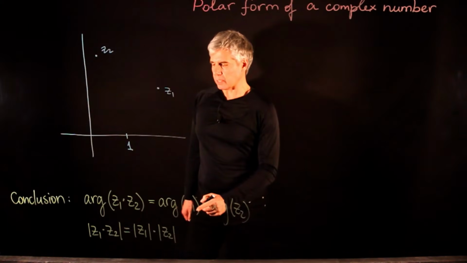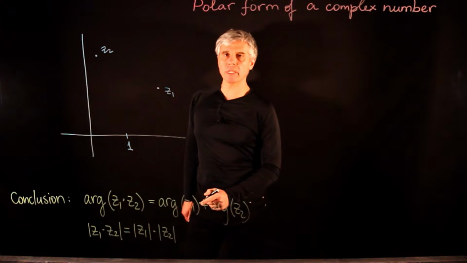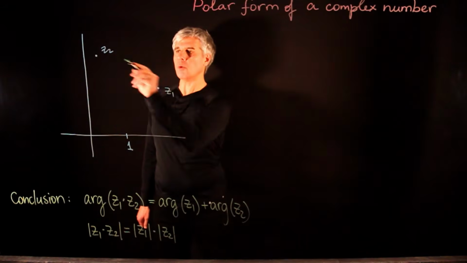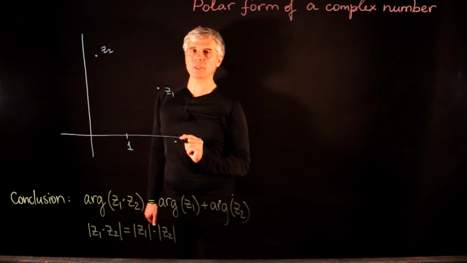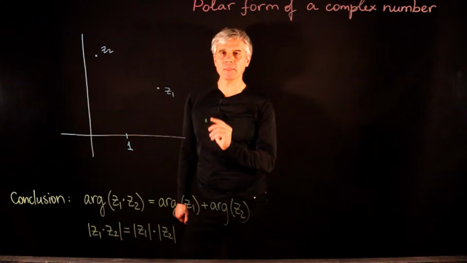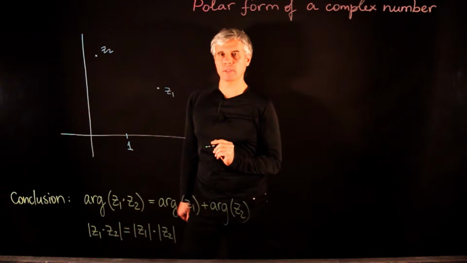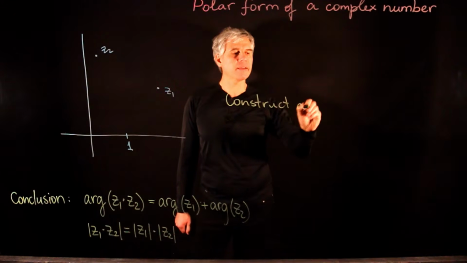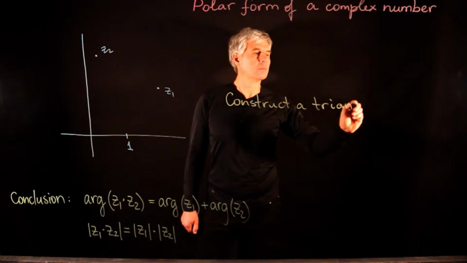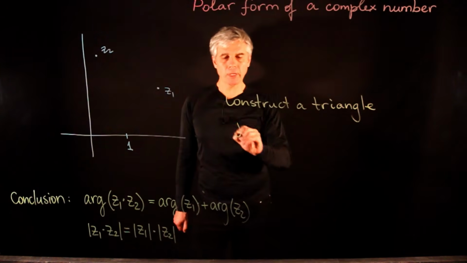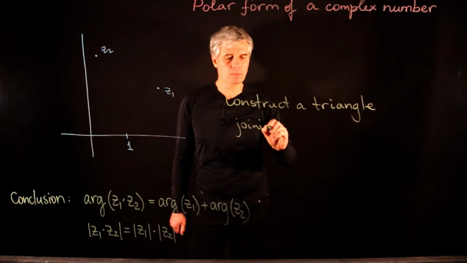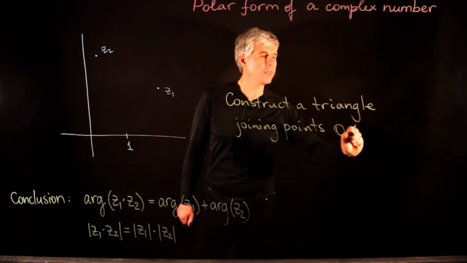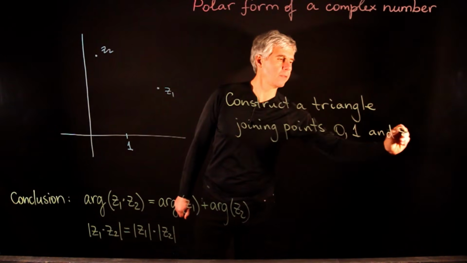This gives us a geometric procedure for multiplication of complex numbers. Suppose we are given two complex numbers as points on a complex plane, and we want to multiply them using geometric methods. Construct a triangle joining points 0, 1, and z1.